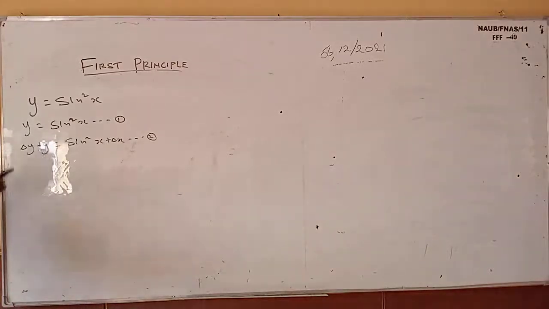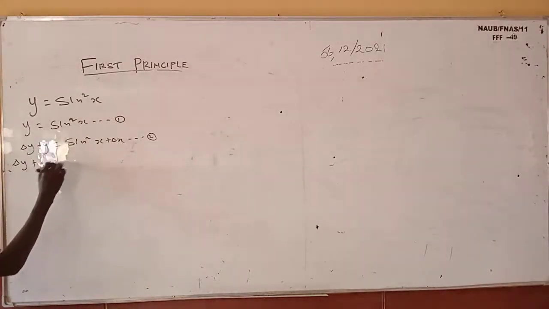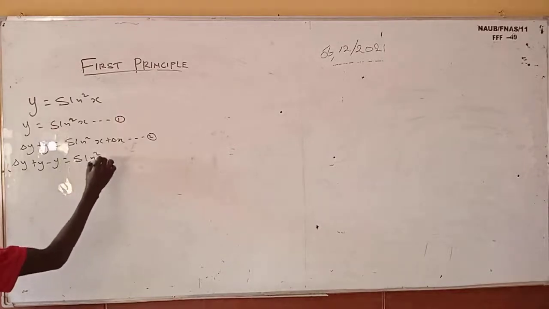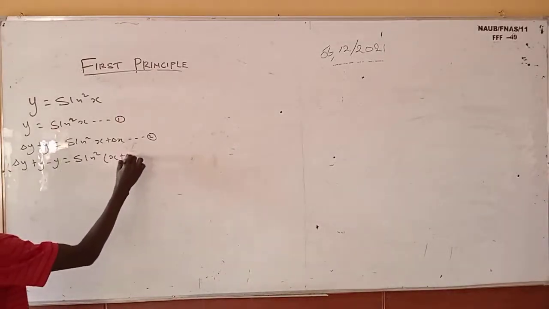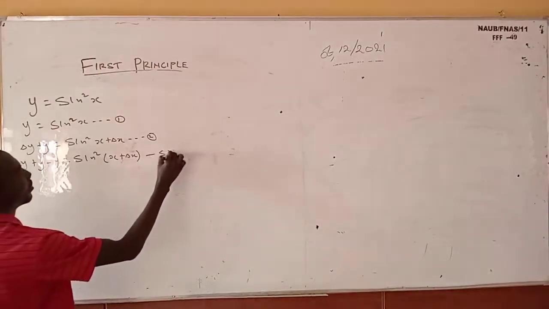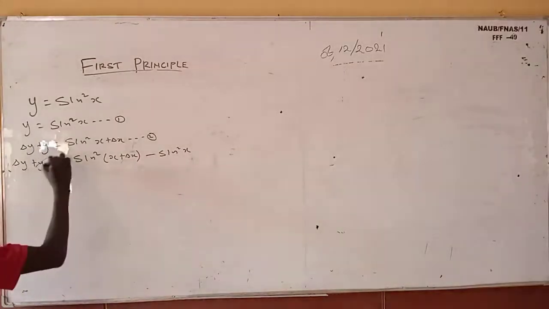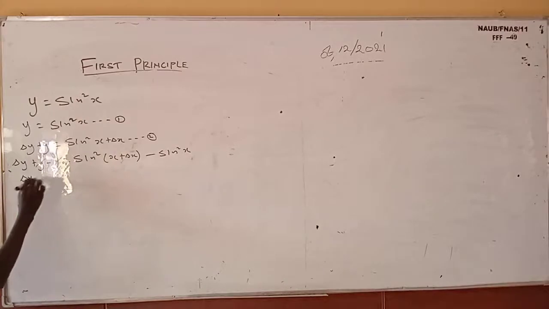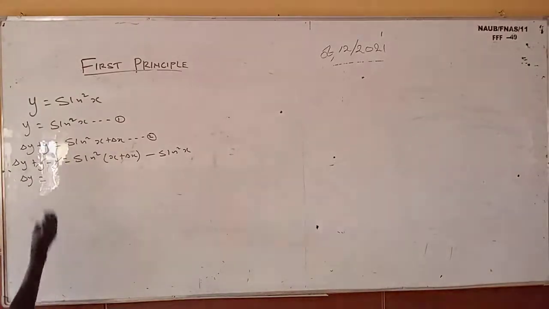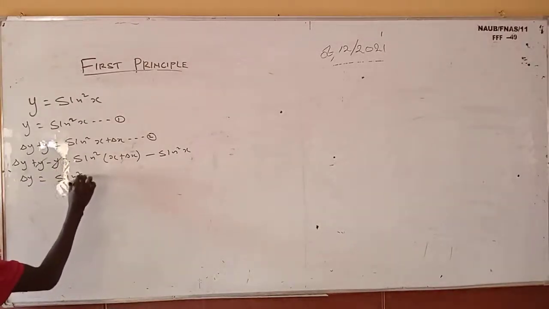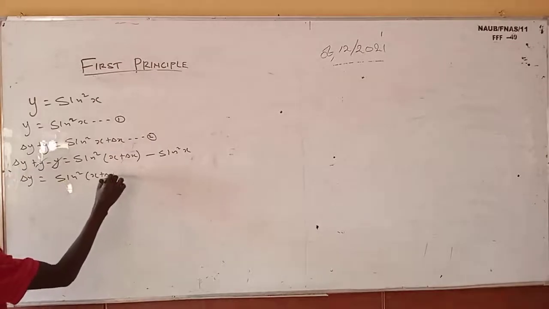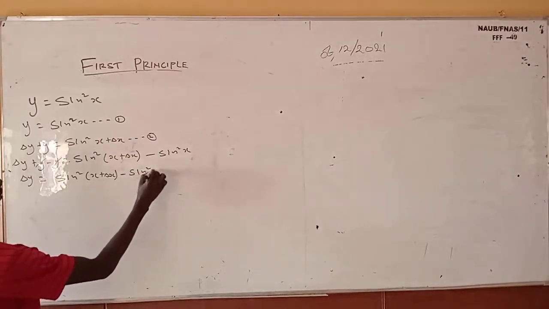Then subtract equation 1 from equation 2. So change in y plus y minus y equals sin squared of (x plus change in x) minus sin squared x. You will notice that y cancels y, and we are left with change in y equals sin squared of (x plus change in x) minus sin squared x.